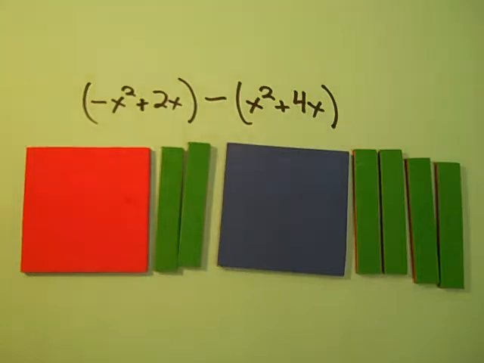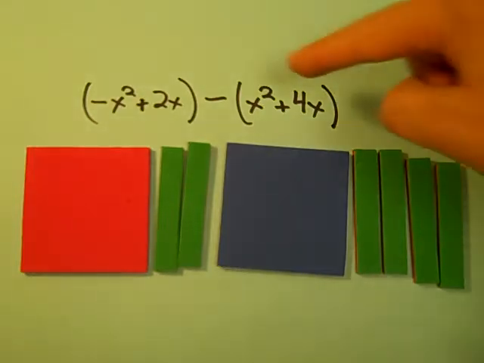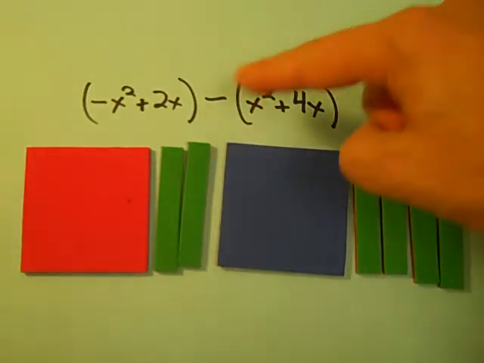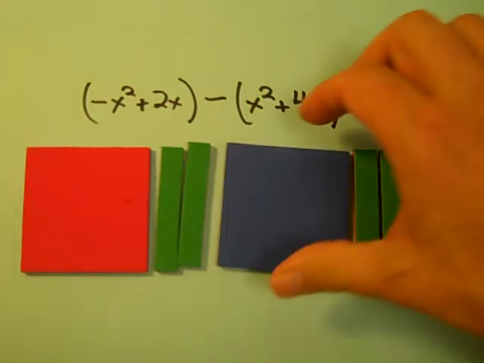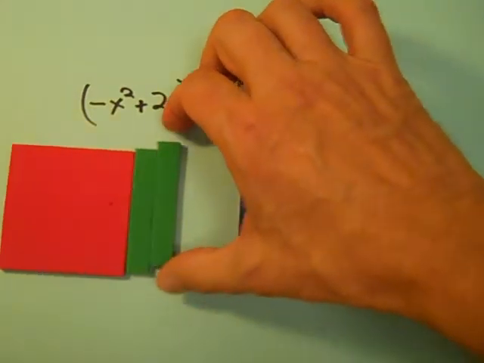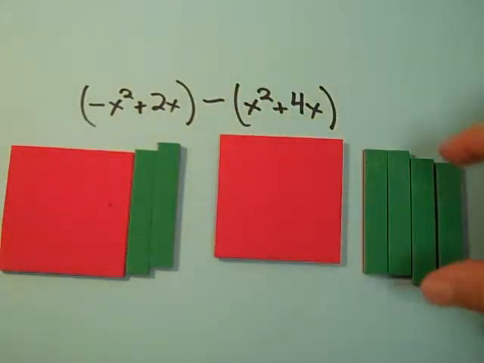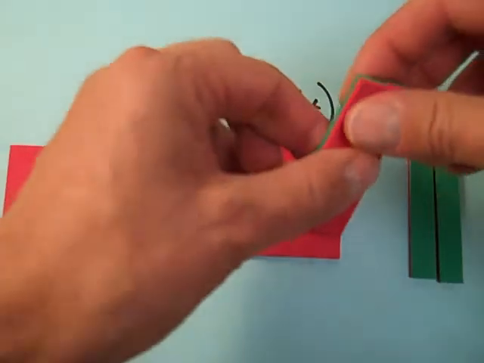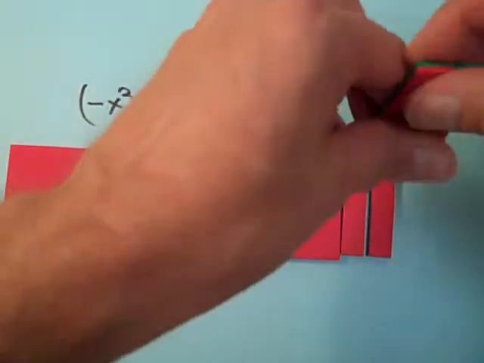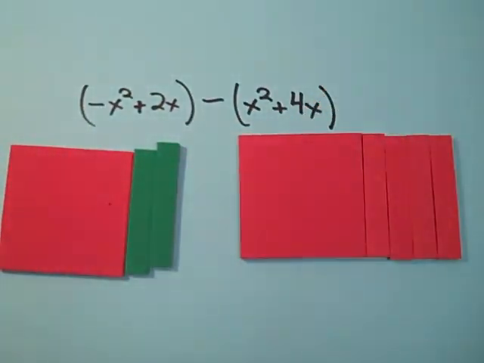Okay, so addition and subtraction are opposites. So whatever is inside my second parenthesis, I am going to make it opposite. This one over here is positive, I'm going to make it negative. These are positive, I'm going to make them also negative. Okay, now it's time for the family reunion.